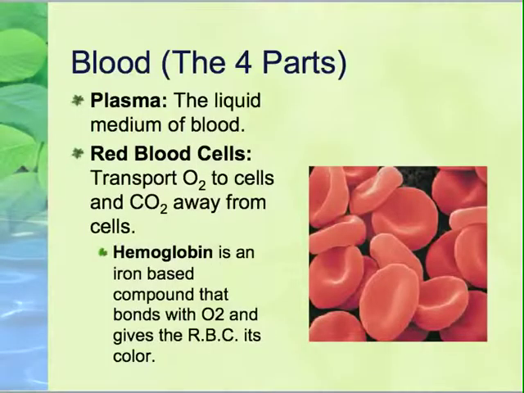Also in blood are red blood cells. Now, these are these little red, almost donut-looking shaped cells that carry oxygen to cells and carbon dioxide away from cells. Their shape is very critical, and part of their shape is determined by an iron-based compound called hemoglobin. And hemoglobin readily bonds with our oxygen and with carbon dioxide, and hemoglobin, being iron-based, is what gives blood its uniquely red color, because iron, when it oxidizes or when it bonds with oxygen, takes a redder color, and that is a sort of a neat little thing to note.